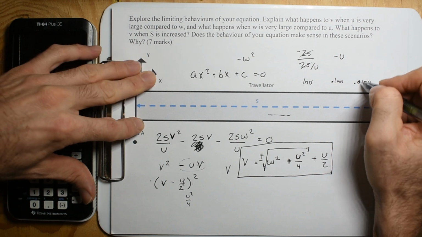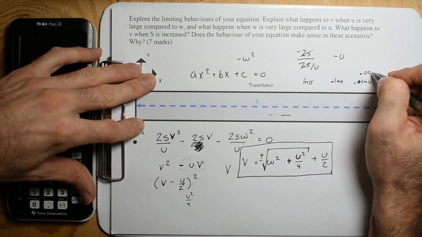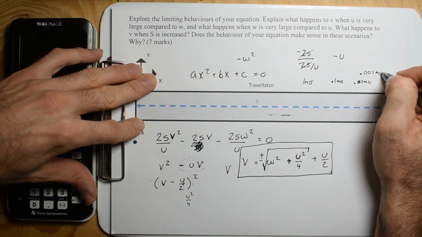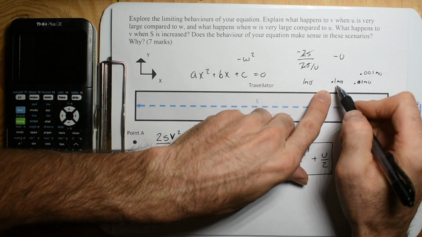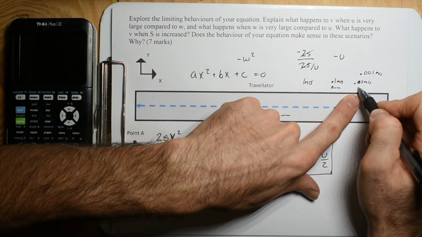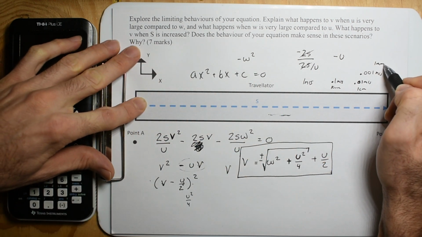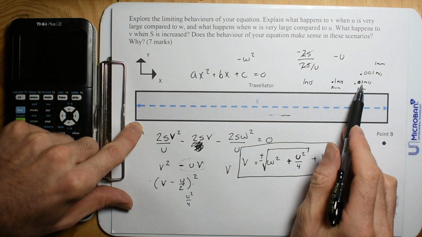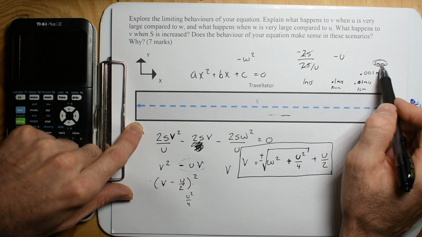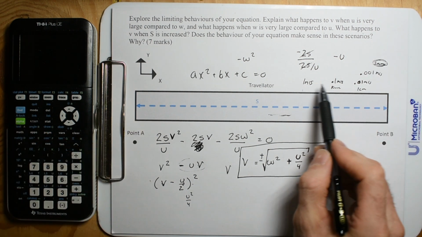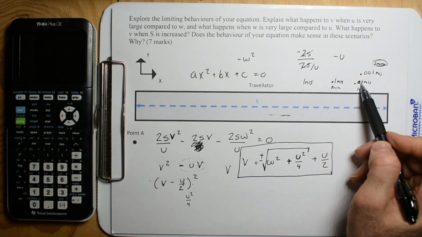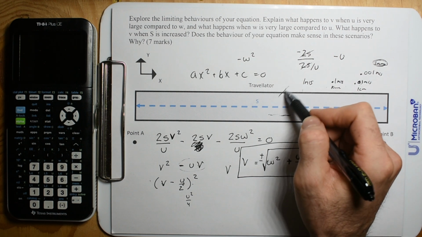And again, another factor of 10, 0.001 meter per second. This is 10 centimeters, this is 1 centimeter, and this is 1 millimeter. Could you even tell that the travelator is moving 1 millimeter a second? I don't think so.